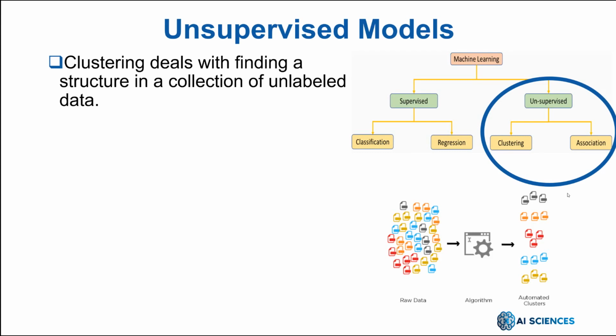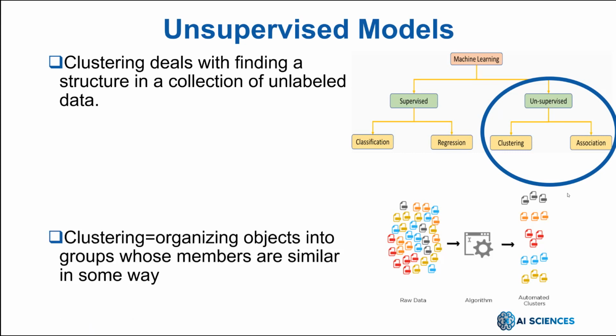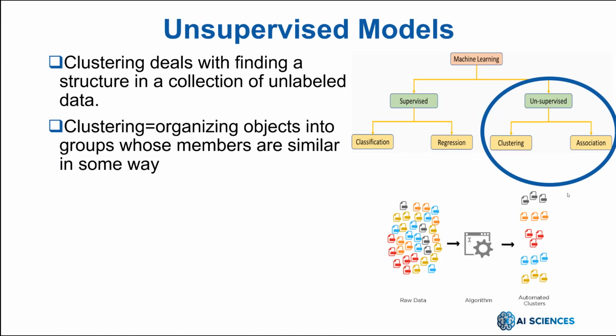Now, the most used unsupervised learning models are clustering and association analysis. Clustering is the most important unsupervised learning model. It deals with finding a structure in a collection of unlabeled data. So a loose definition of clustering could be the process of organizing objects into groups whose members are similar in some way.